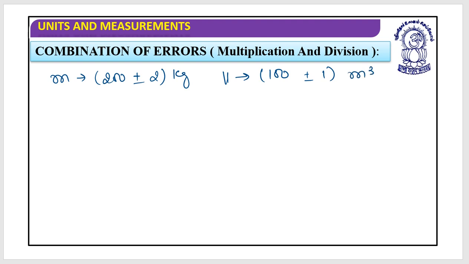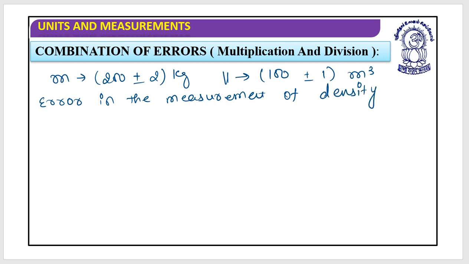And I have been asked the error in the measurement of density. So this is all that they have given. They have given a mass, they have given a volume, and what they require is the error in the measurement of density. So first, do you know any relation that relate mass, volume, and density?